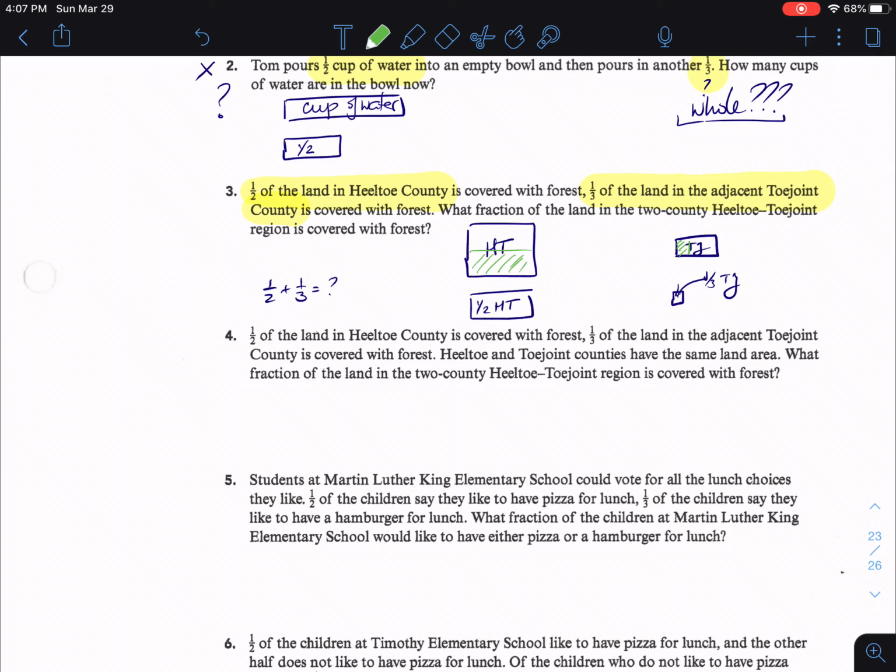Half of the Heel-Toe County and a third of the Toe-Joint County. Is that 5/6 of the combined area? Almost all of the combined area? No, that doesn't make sense. It doesn't make sense because it's less than half of the combined area, not 5/6 of the combined area. So this is not a half plus a third. Why not?